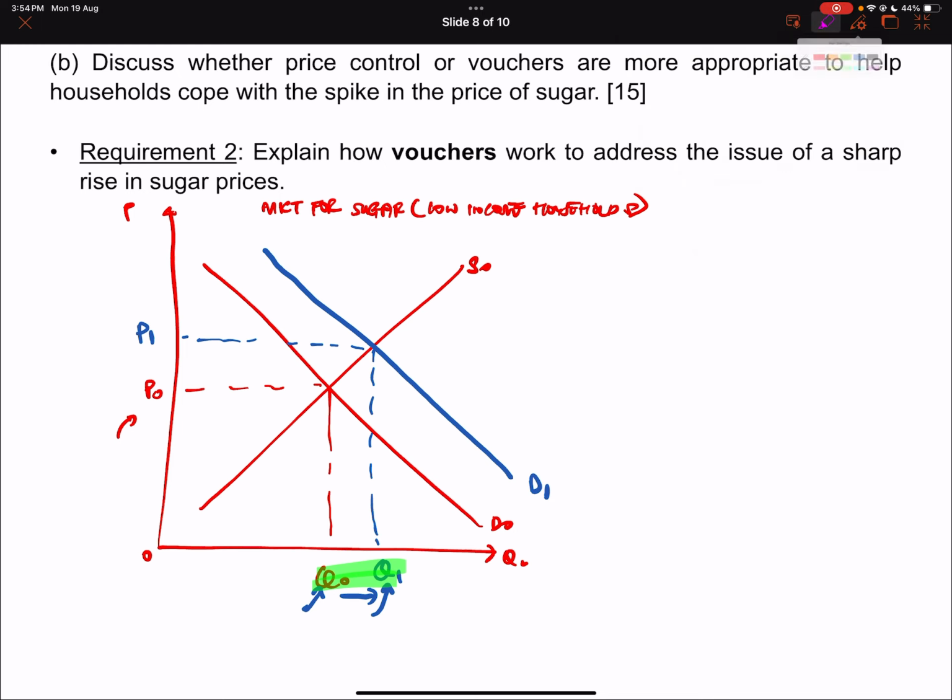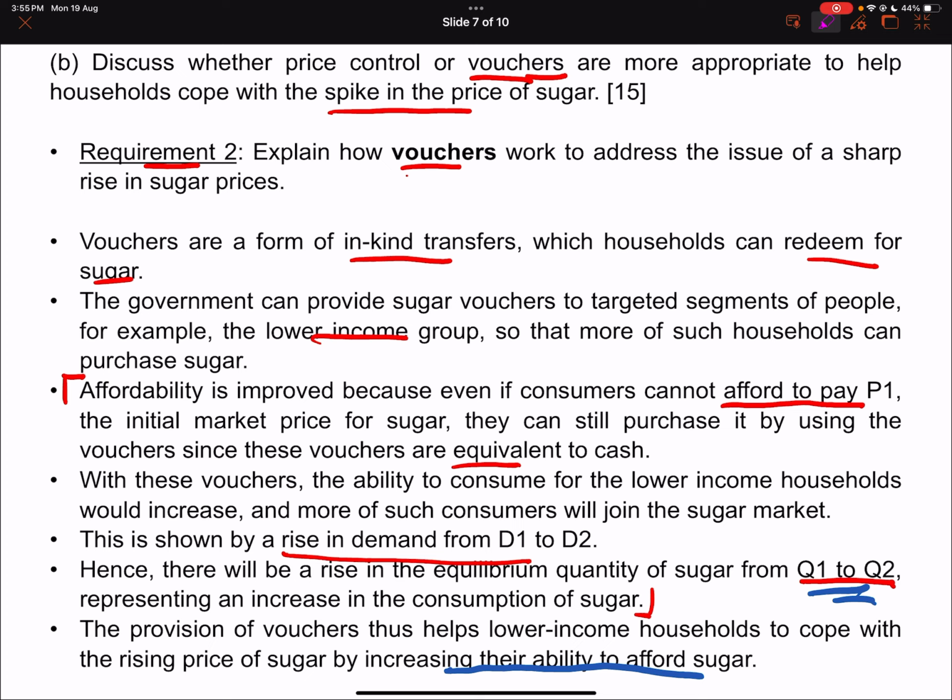Because if you focus on prices, you'll notice that prices have increased, right? If prices have increased, that goes against your affordability narrative, the story that you want to tell, right? So the story you want to tell is that they are able to cope, right? So to show that they're able to cope, you want to focus on the green color stuff instead and change your explanation accordingly.